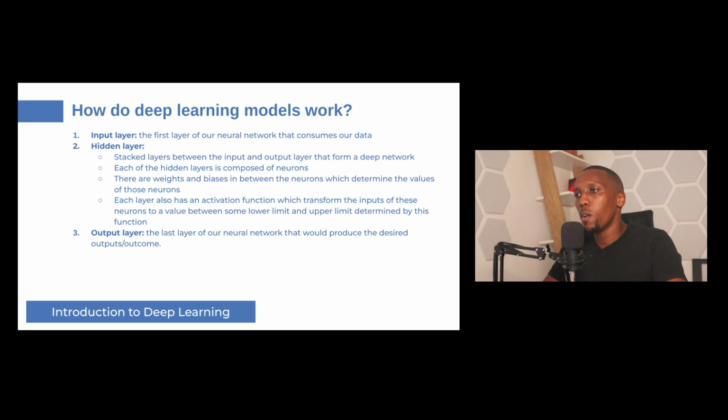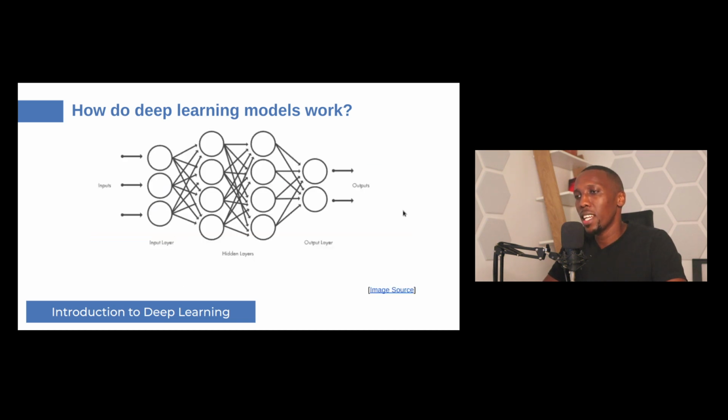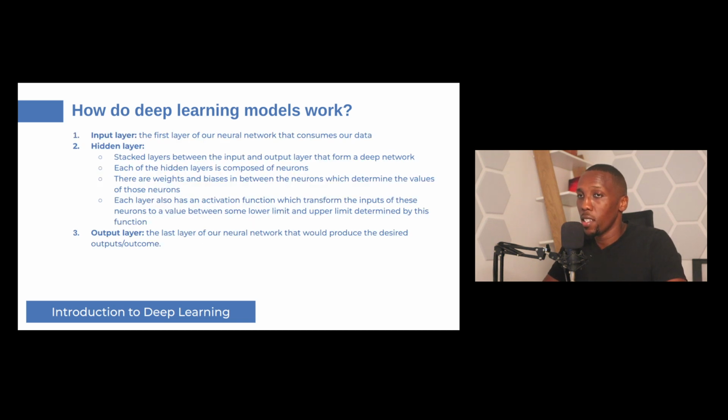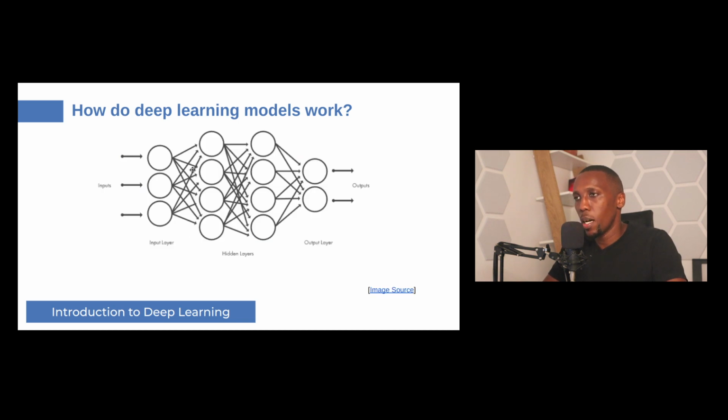And each of the hidden layers, just like the input layer, would contain neurons. So you have a neuron, a neuron, a neuron, etc. And there are usually what are called weights and biases between those neurons, which determine the values of the neurons. So each of the neurons does have some sort of value.